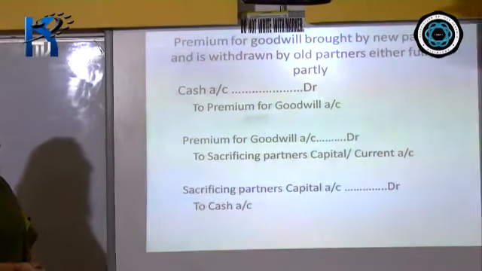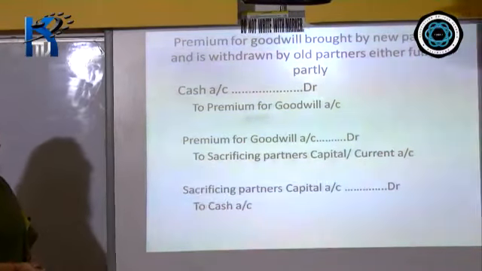This was the first step, and this is the second step. Now how do we calculate goodwill? Goodwill will be calculated as the first step minus the second step. So 3 lakh minus 2,50,000 gives you 50,000, and this is the value of your goodwill. This is how we calculate hidden goodwill.